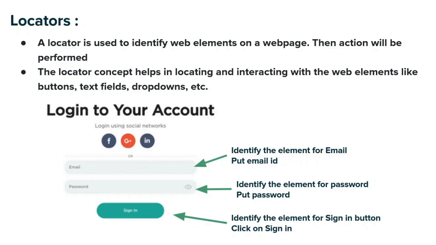Whatever web element we are going to interact with, the important step is to first locate that element, and to locate it, we have to use a locator. Every element has some locator, or we can write a locator for that specific web element.